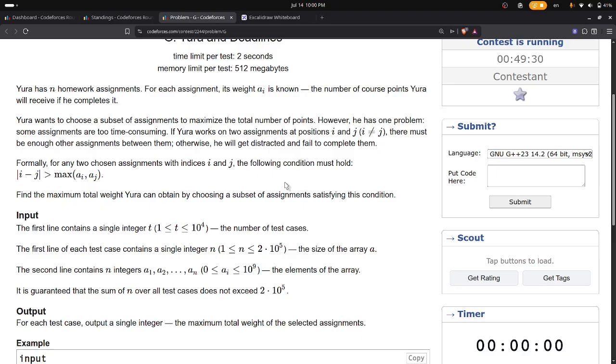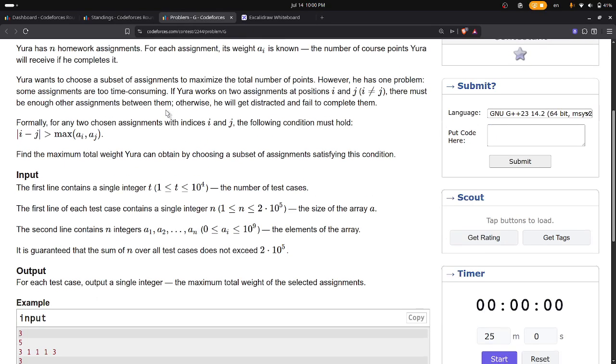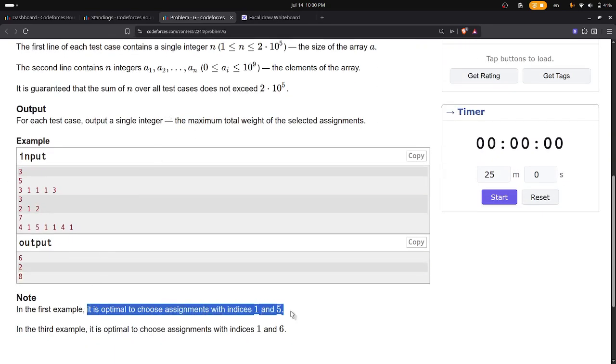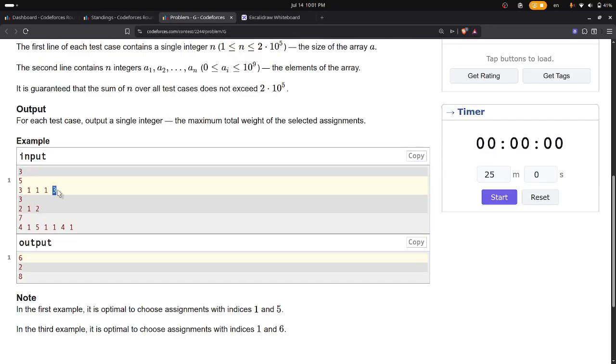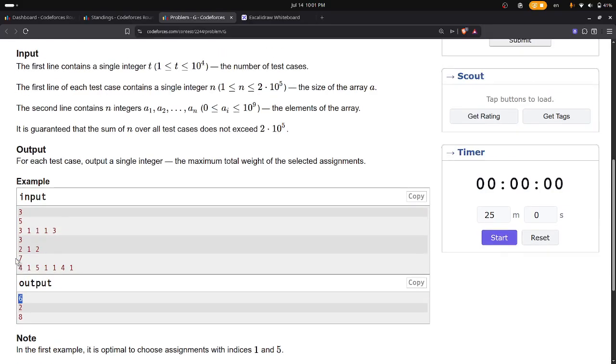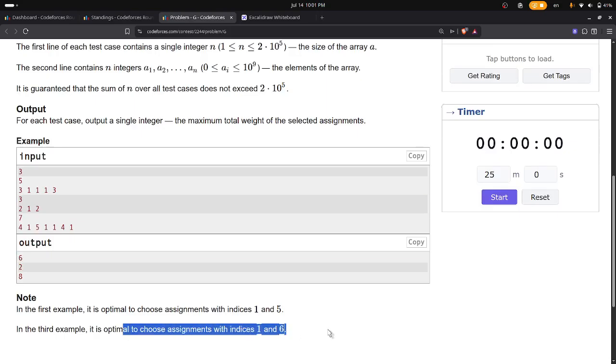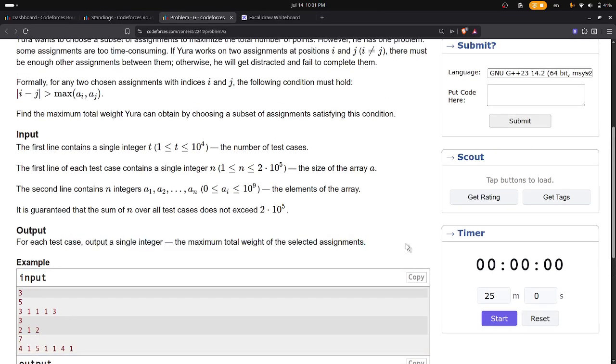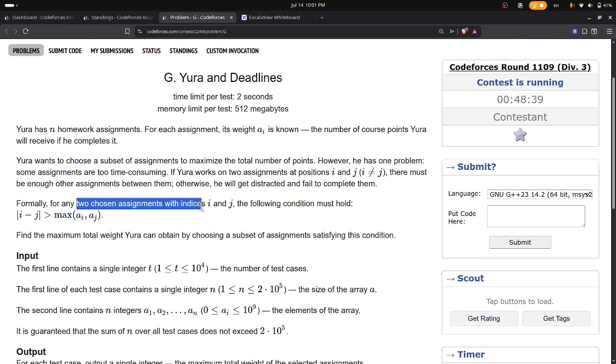Find the maximum total weight you can obtain by choosing a subset of assignments.